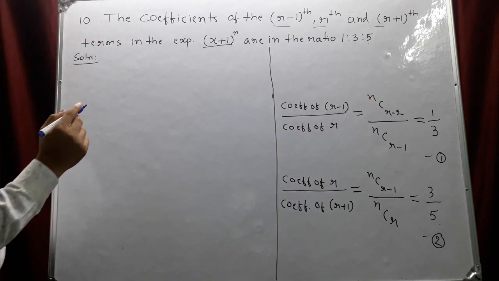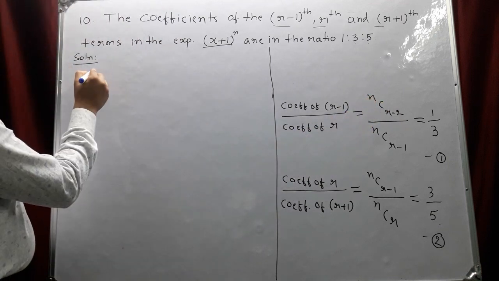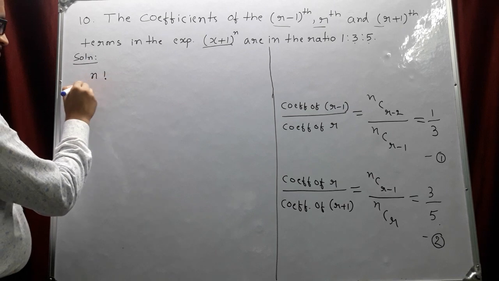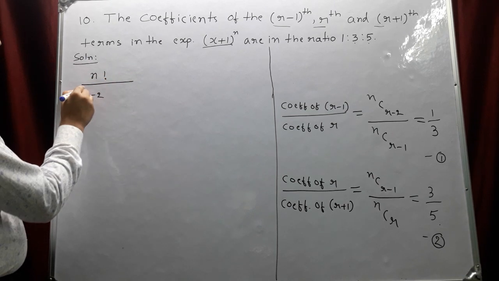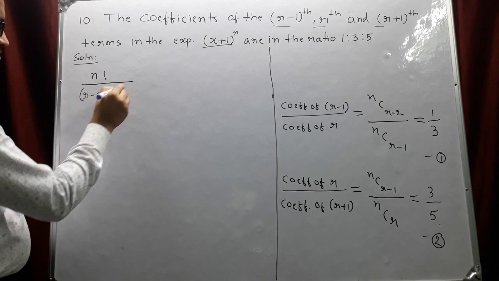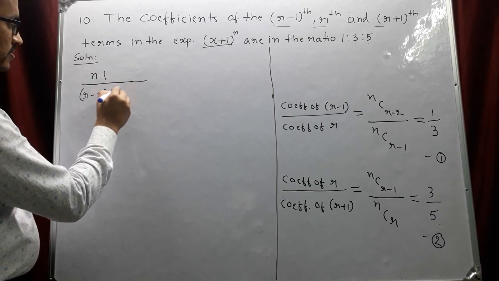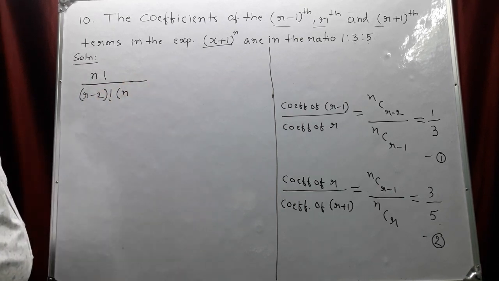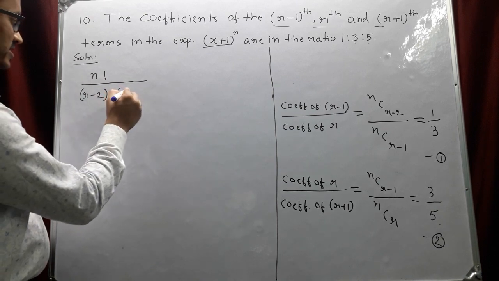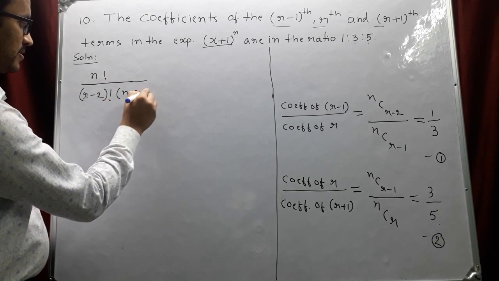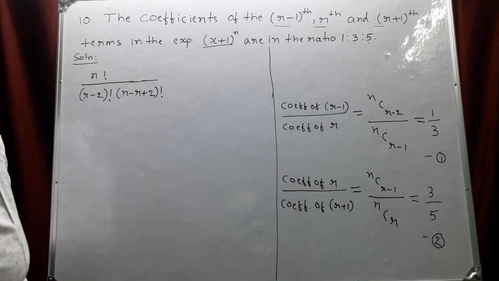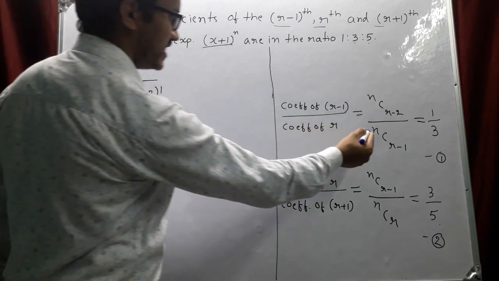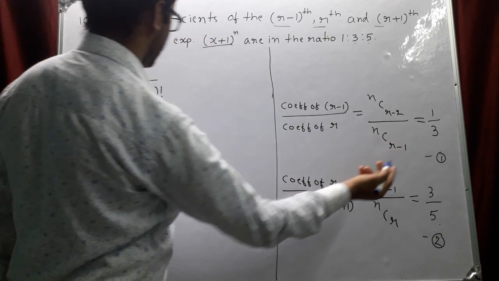So if you simplify nC(r minus 2), that can be written as n factorial by r minus 2 factorial into n minus r minus 2 factorial, that is n minus r plus 2 factorial, divided by nC(r minus 1).